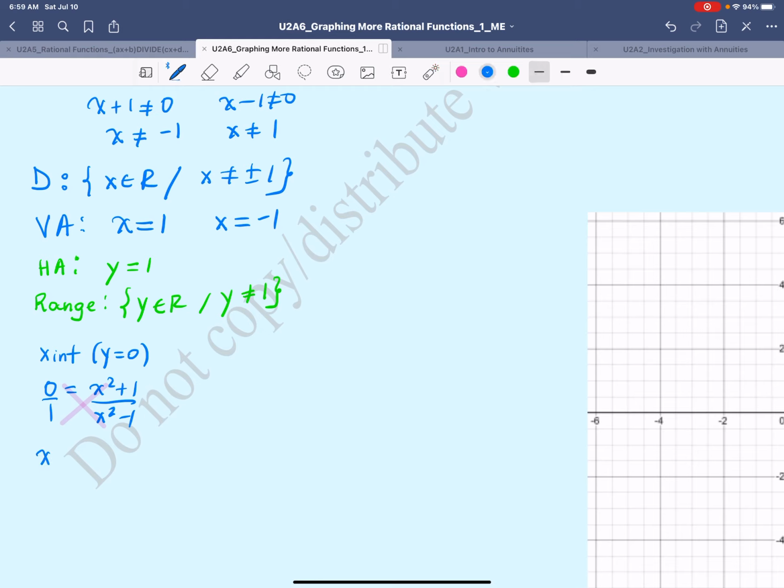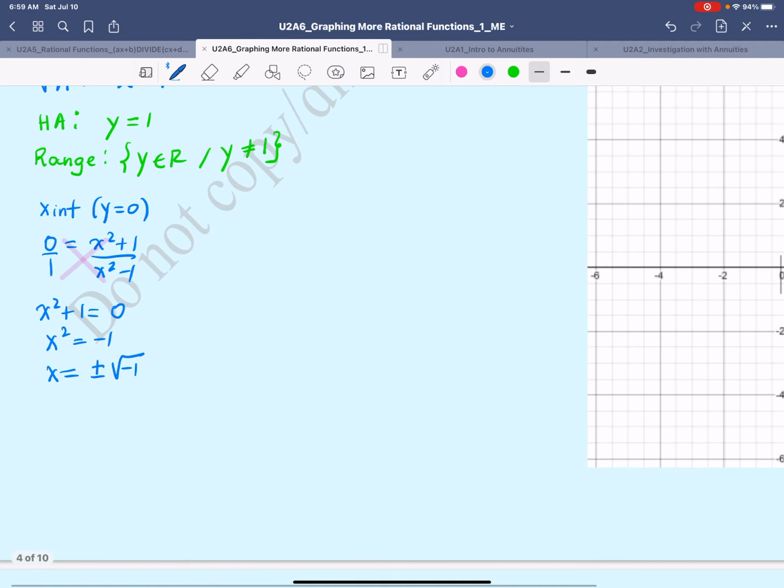So that tells us that we are looking for x squared plus 1 being 0, which means that x squared has to be negative 1 and x is plus or minus the square root of negative 1. That is a non-real number, it's an imaginary number. Therefore, we're going to say that there are no x-intercepts on the real Cartesian plane.